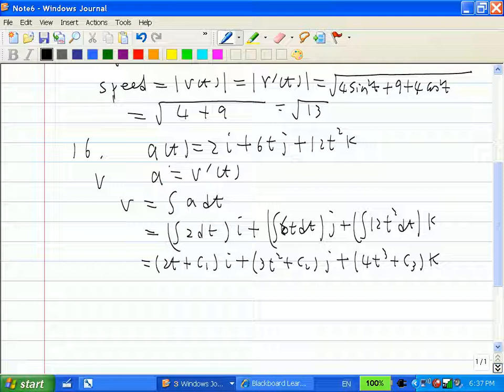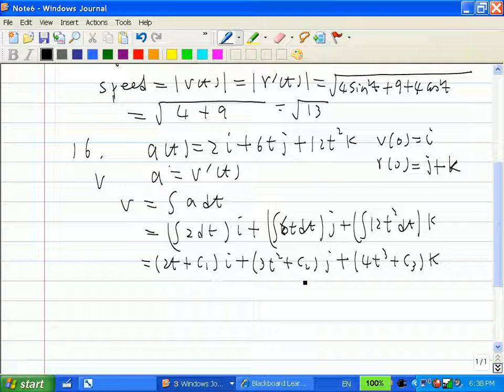v0 equals i and r0 equals j minus k. Now we find the velocity.